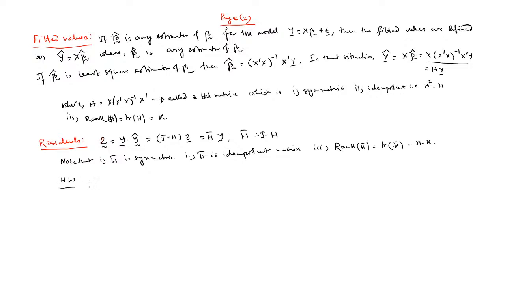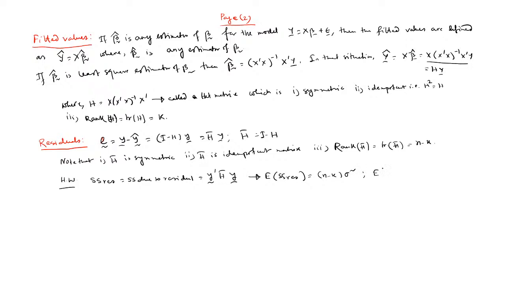Please check that here also, if you define the sum of squares due to residual, then find the expectation of SS due to residual, which is again (n minus k) sigma square.